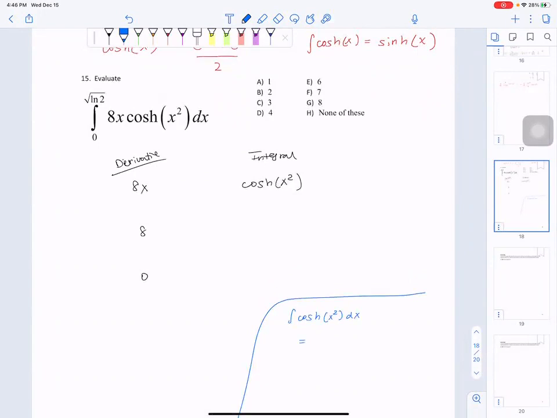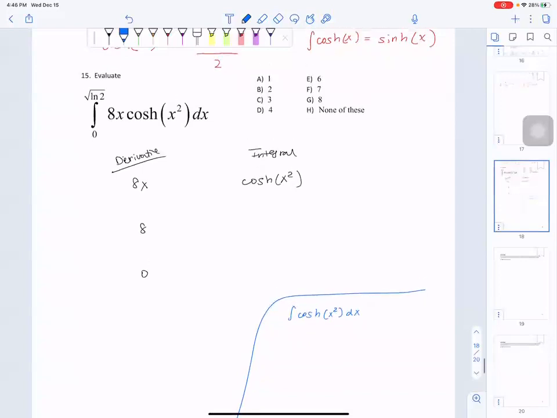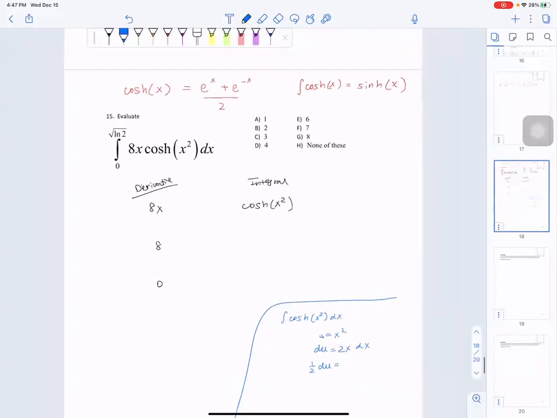I think it's 4, but let me write it out. So you have u substitution, right? u equals x squared, or wait, sorry, it might be 2. du equals 2x dx, so 1/2 du equals, oh, wait a second.